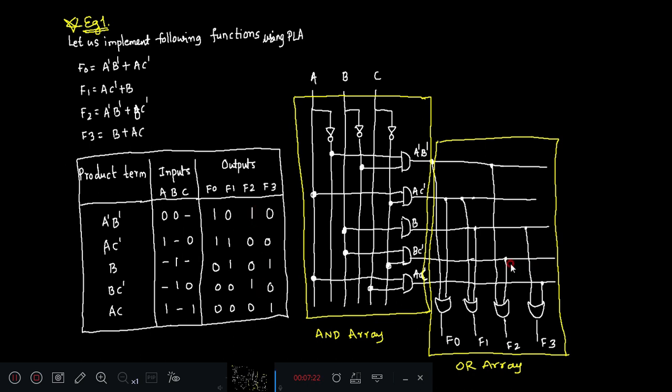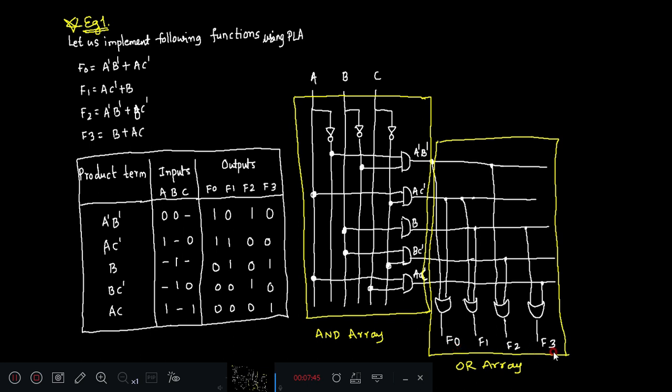So these product term outputs are ORed to realize four different functions. The fourth function, b and ac product term. So some product terms are calculated by the AND array, and then the OR array will OR them to get the final output functions.